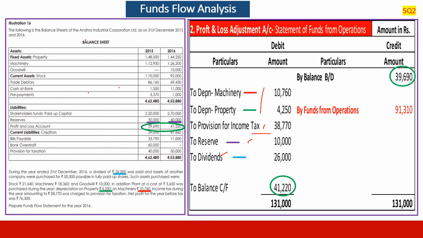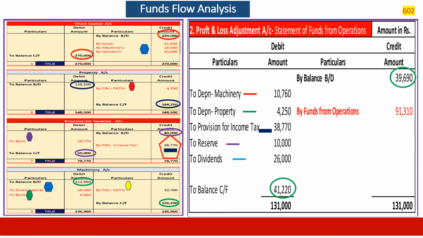We have got only payment. We proceed further. We go to our adjustment accounts prepared. We had one missing item which we found out. We post that item here. That completes profit and loss adjustment account, and we have got funds from operations at 91,310.